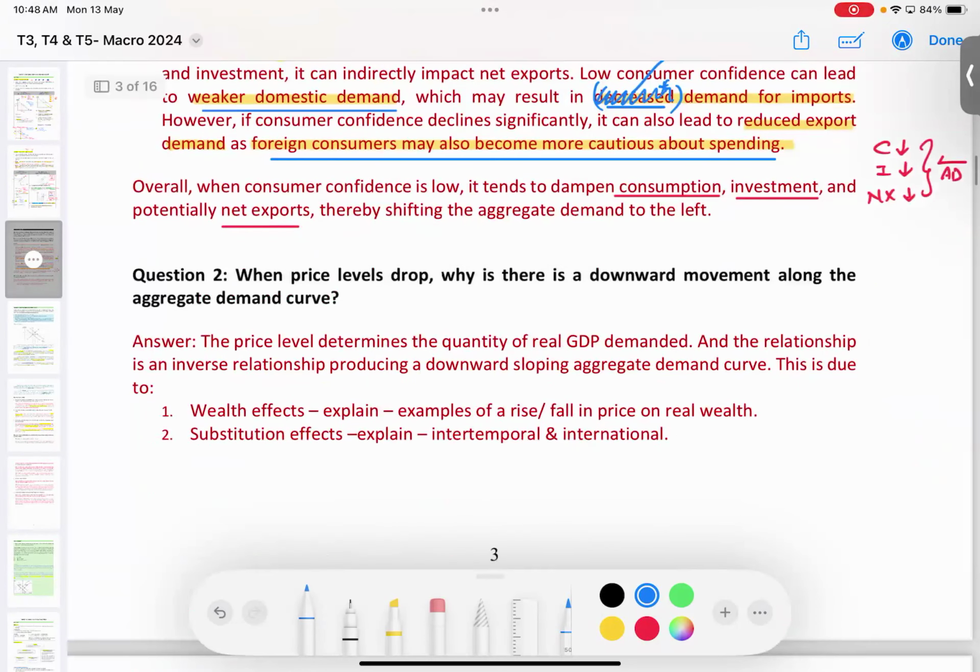Okay, let's have a look into question 2. When price level drops, why is there a downward movement along the aggregate demand curve? So this is about the price factor.